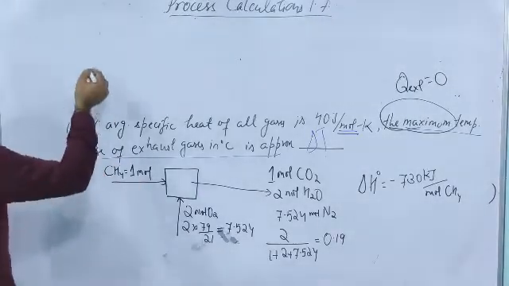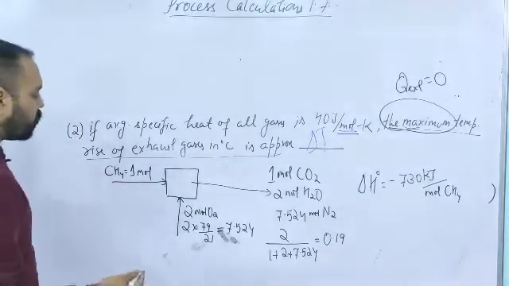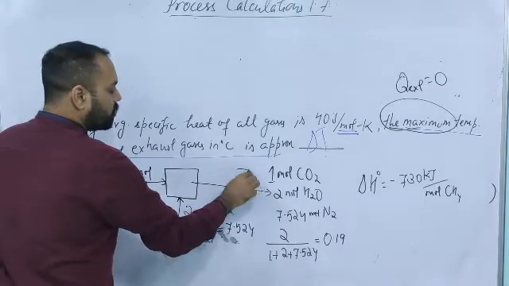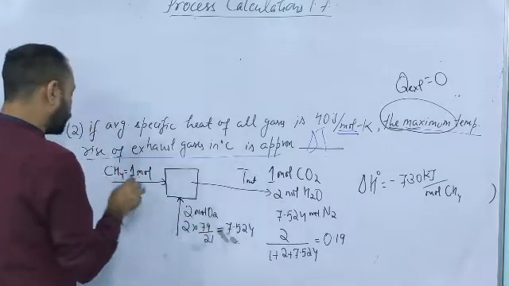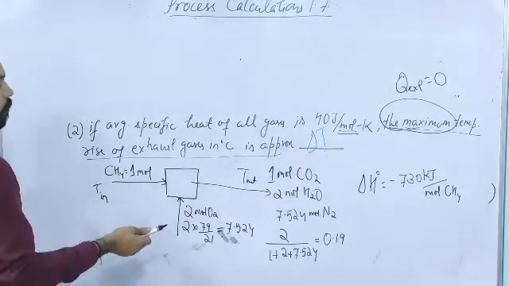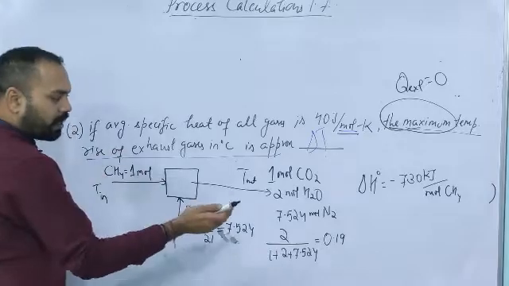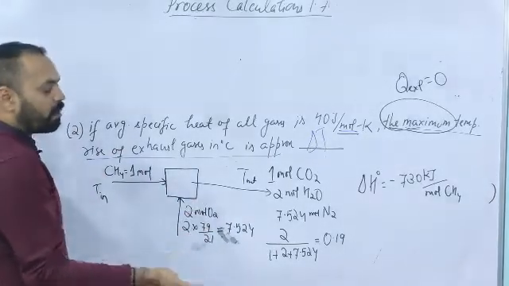Now, what is the balance? Enthalpy out, enthalpy in. Suppose this temperature is T out, this temperature is T in. You have to find T out minus T in. So you have to take each component separately, multiplied by its Cp, multiplied by its temperature.